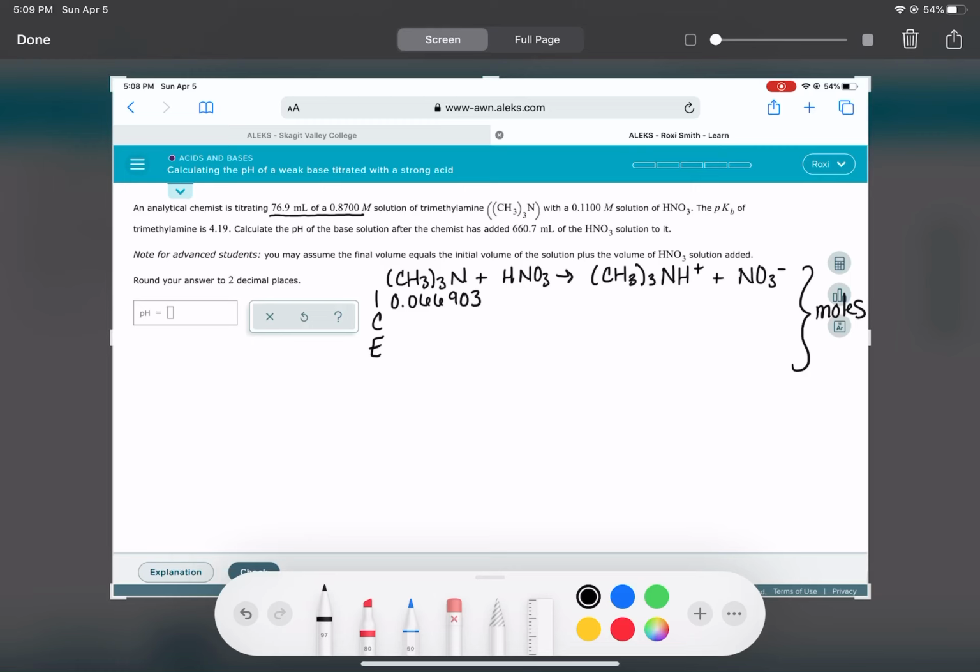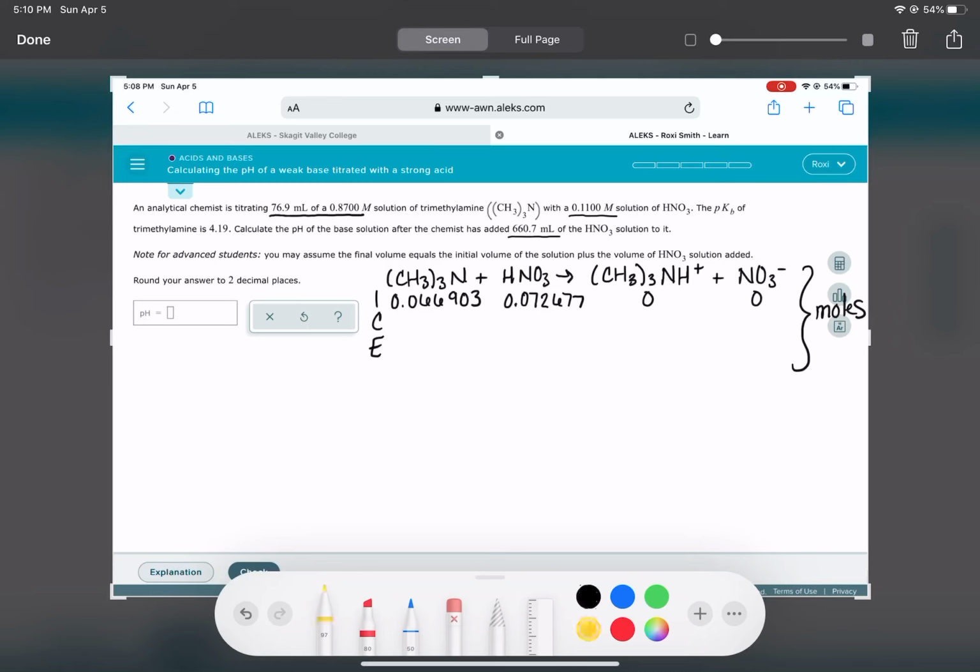And for our acid, HNO3, we have 0.1100 molar and 660.7 milliliters. 0.11 times 0.6607. That is 0.072677. No products yet.